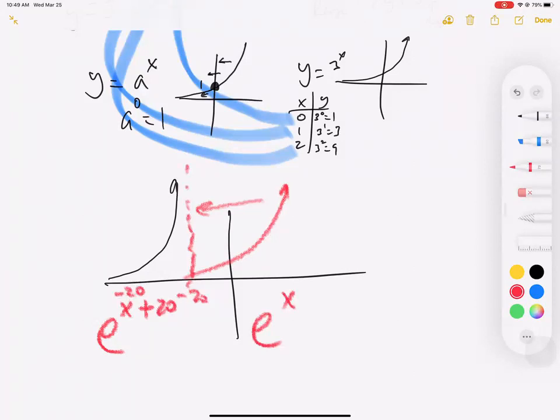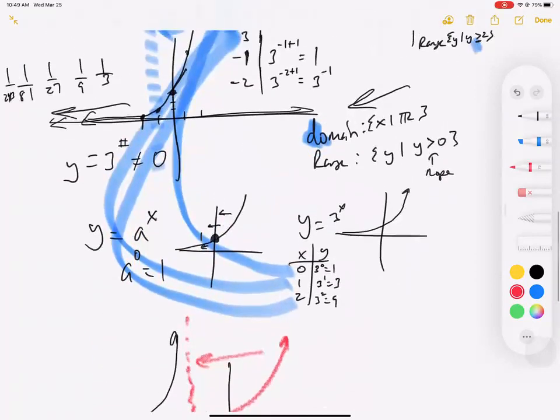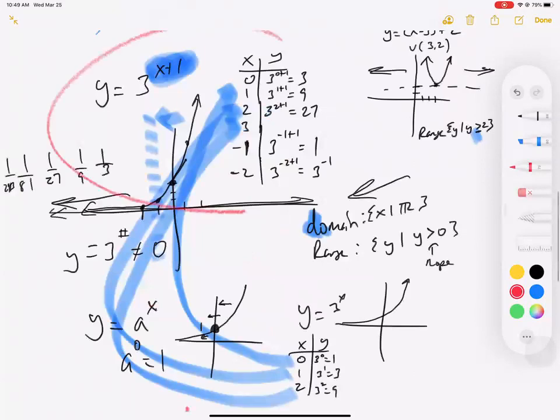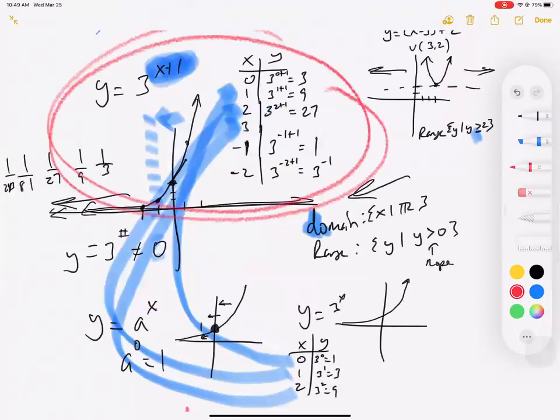So which chart do we look at when graphing? The old one? Yes, this is the graph of 3 to the x plus 1. And this is the graph of 3 to the x. And they look really similar to each other, except that's a 3 here, and this is a 1 here. When does this become 3?